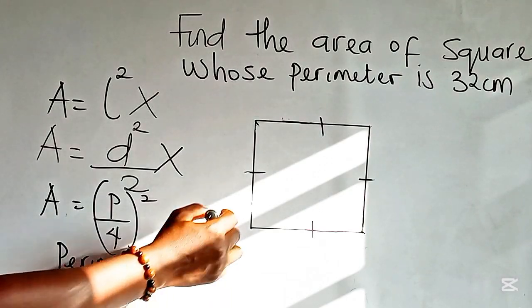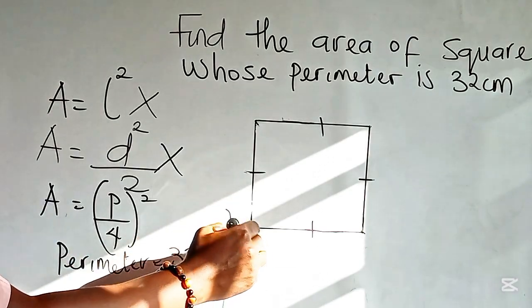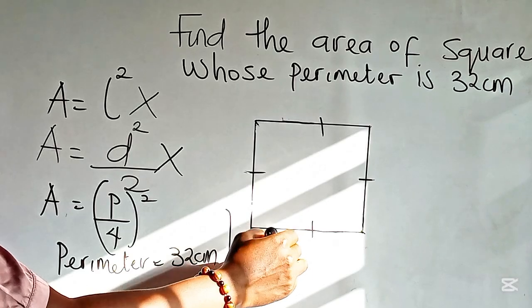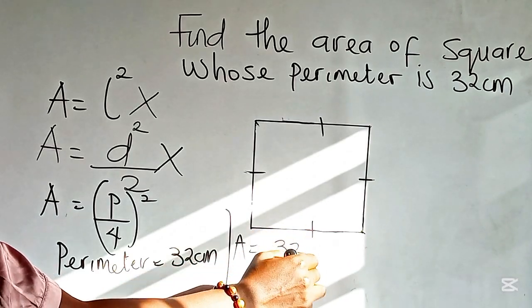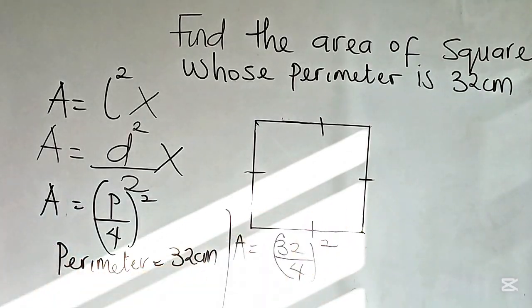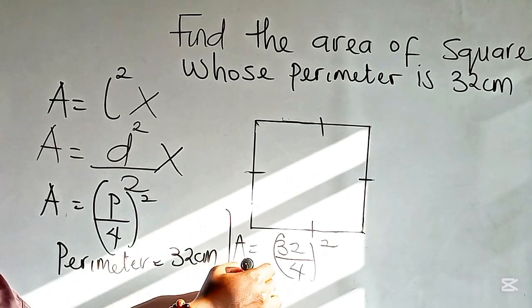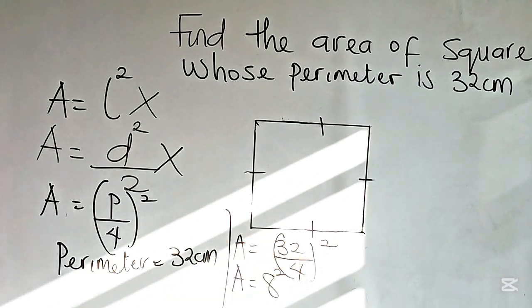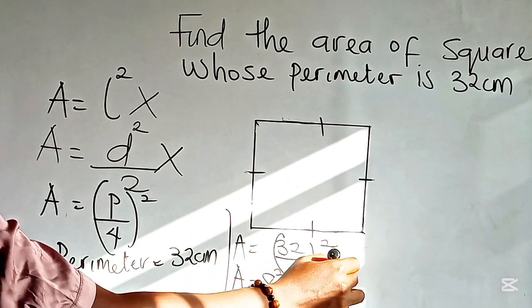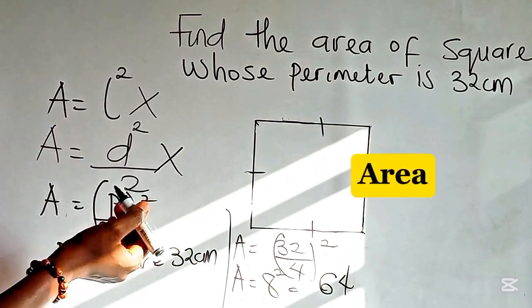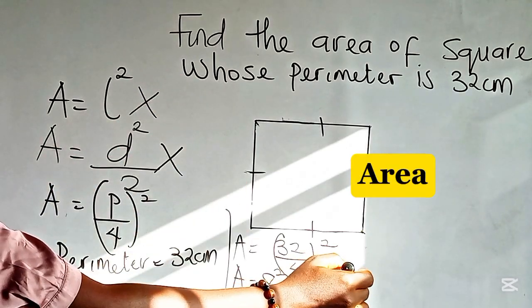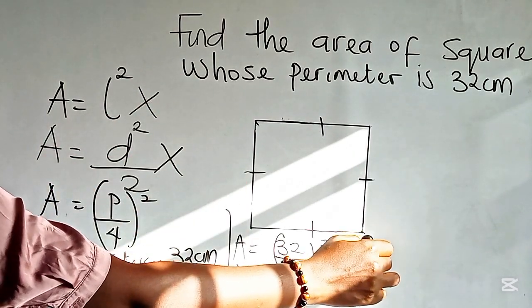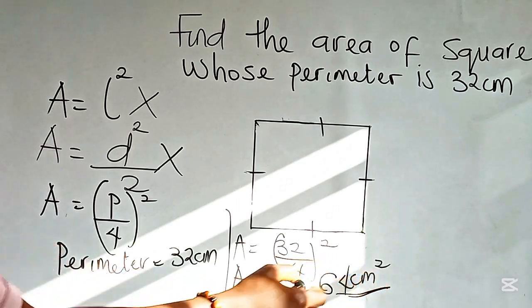Let's plug in our values. We have the area is equal to 32 all over 4 all squared. So this gives us 32 over 4 is equal to 8, and 8 squared is equal to 64. Therefore, the area of this square is equal to 64 centimeter square, and this is our answer.